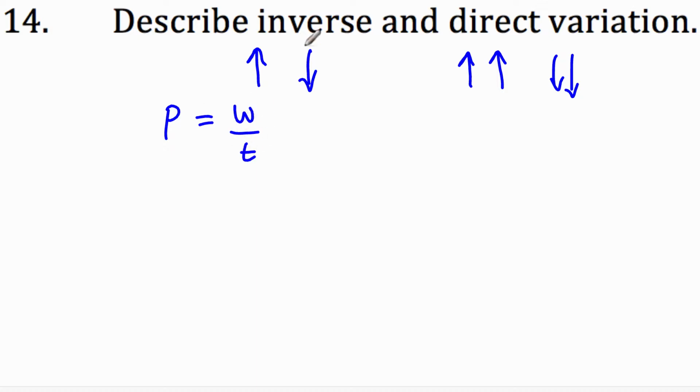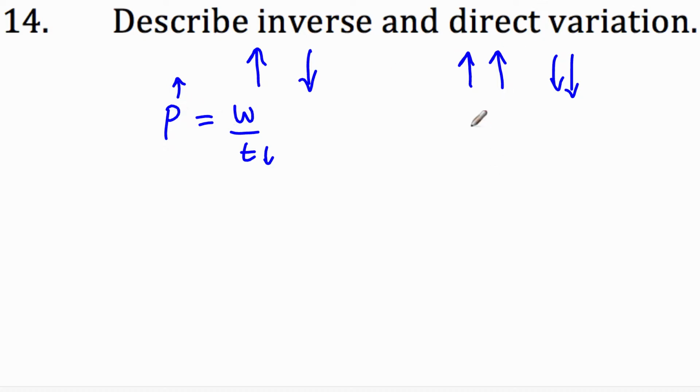Notice there's a fraction, inverse function. And this means if you do a bunch of work, I guess, the power you required would go up when the time would go down. So the shorter you do something in, the more power you've exerted.